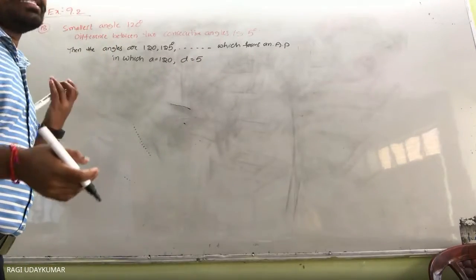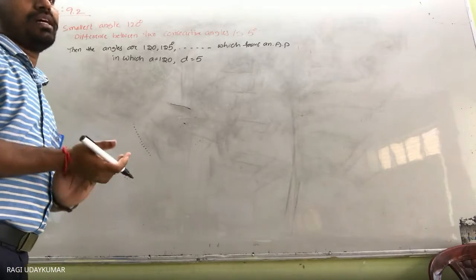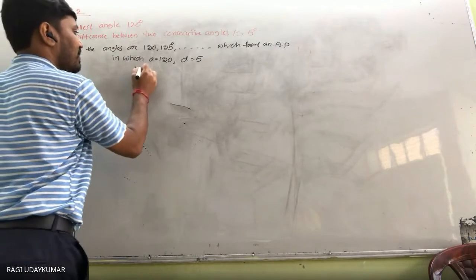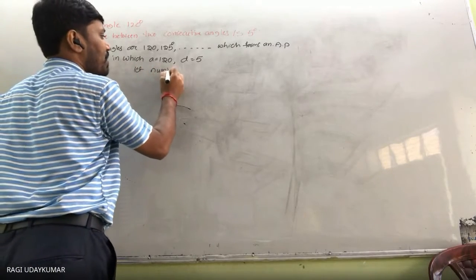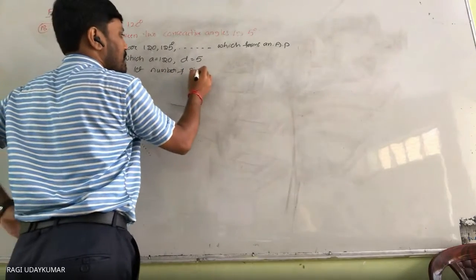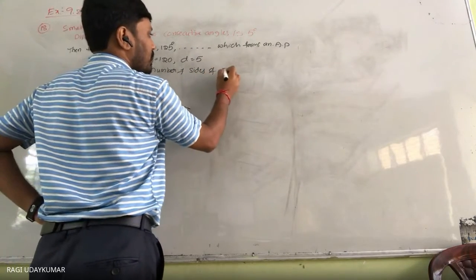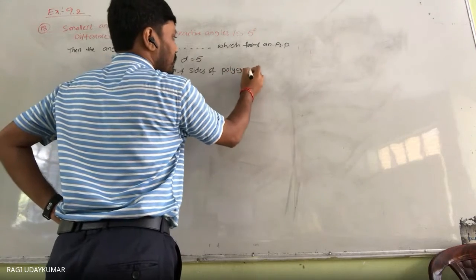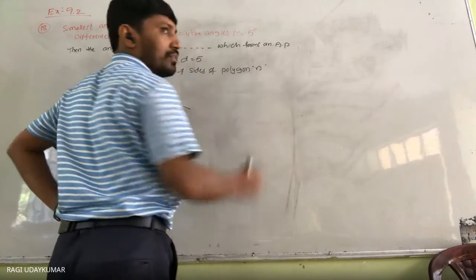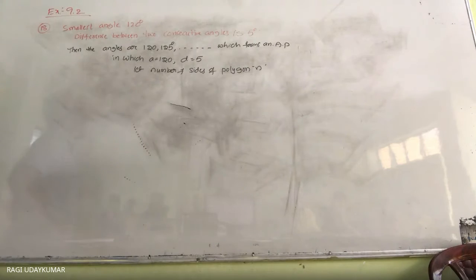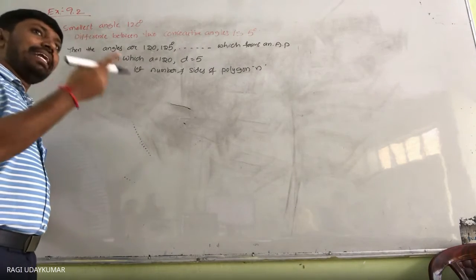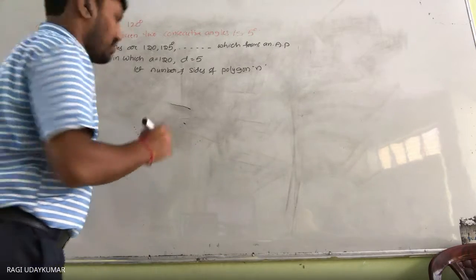Let the number of sides of the polygon be n. Therefore, sum of the n terms of an arithmetic progression is equal to sum of the interior angles of n-gon.